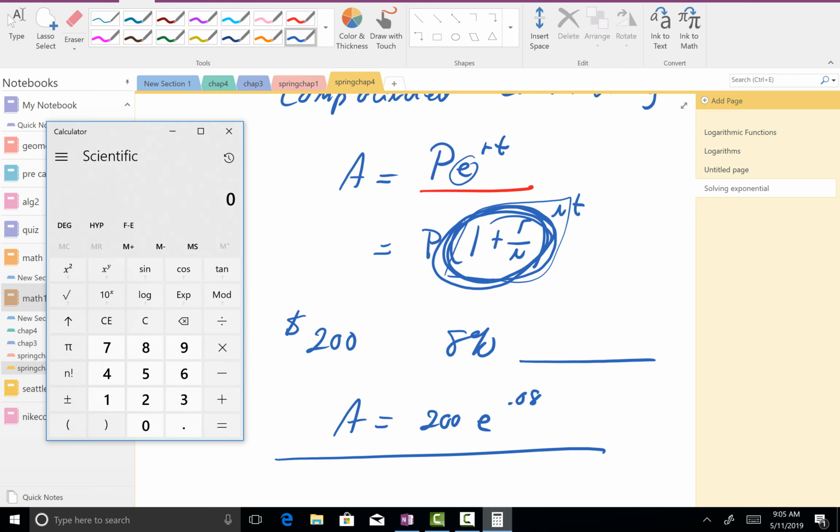There's my e. .08, e. See how it's 1.08, and we've had 1.08 quite a bit. There it is.